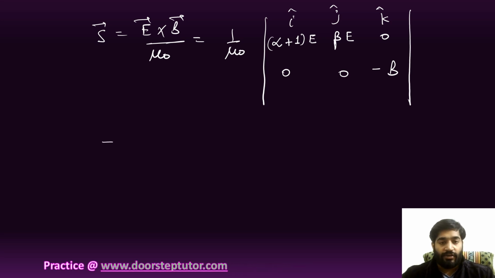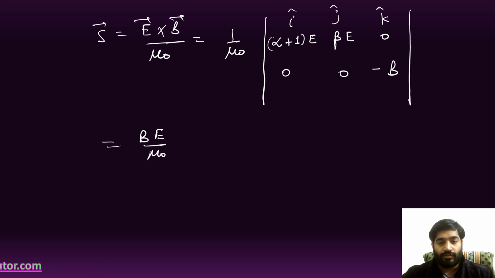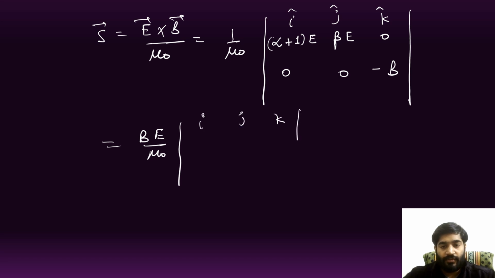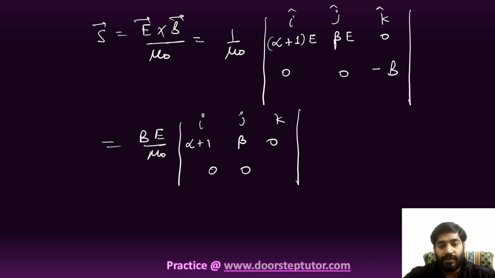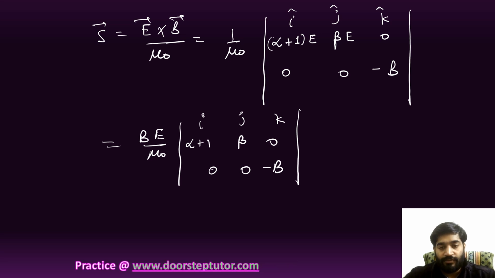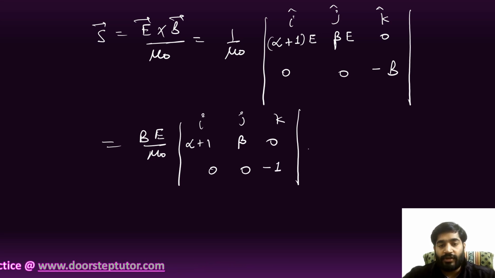So you can take common the B value, E value over mu naught. Clear? Which remains with I, J, K. This is simply alpha plus 1, this is beta, this is 0, this is again 0, 0, and this is minus 1. Clear? Now you can solve this.